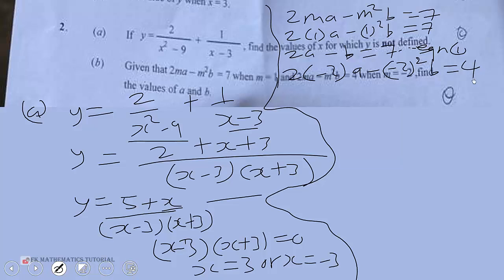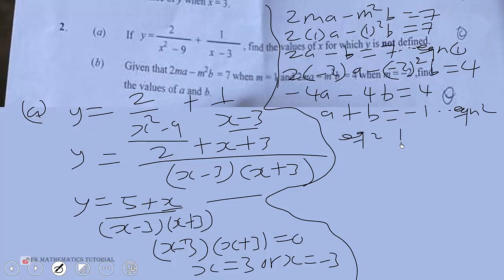So we are going to get negative 4a minus 4b is equal to 4. So divided through by 4, or divided through by negative 4, we get a plus b is equal to negative 1. So equation 2.